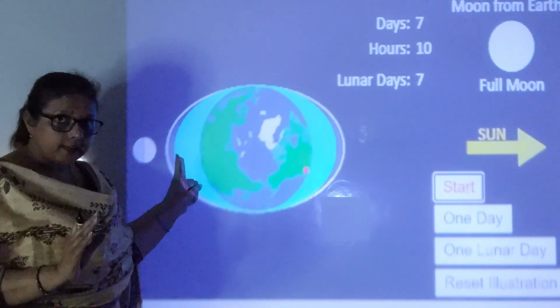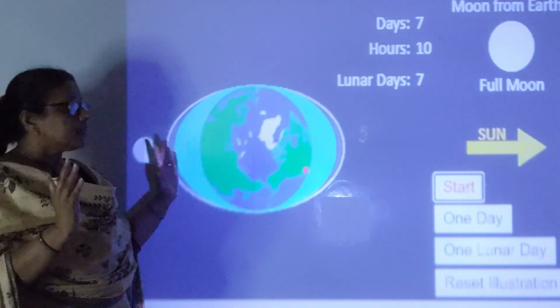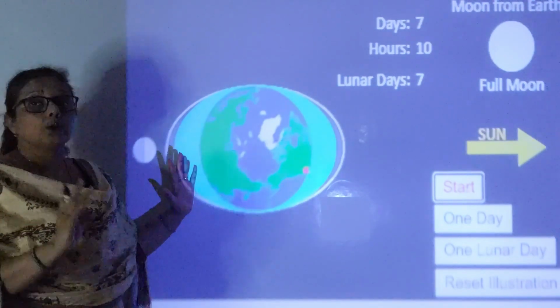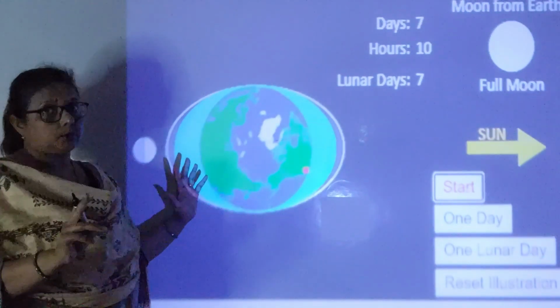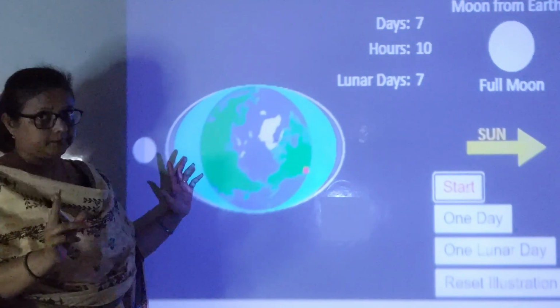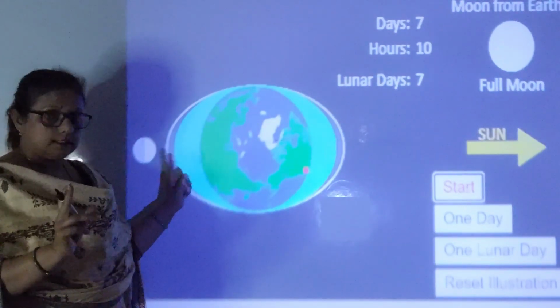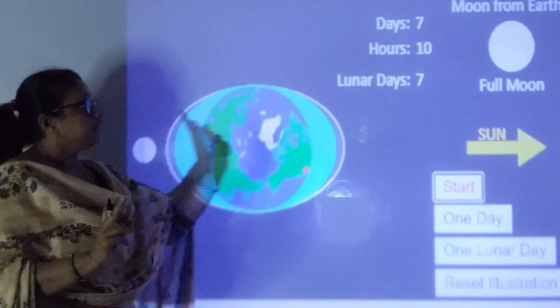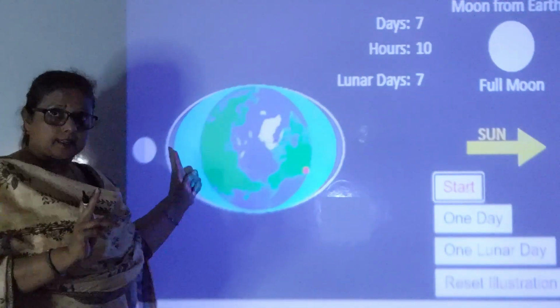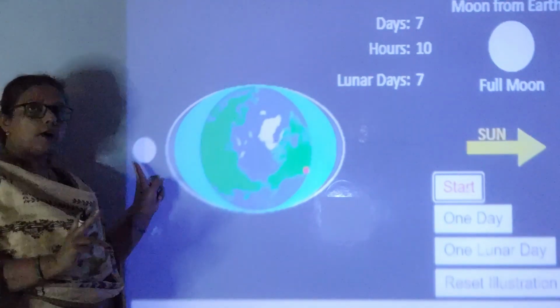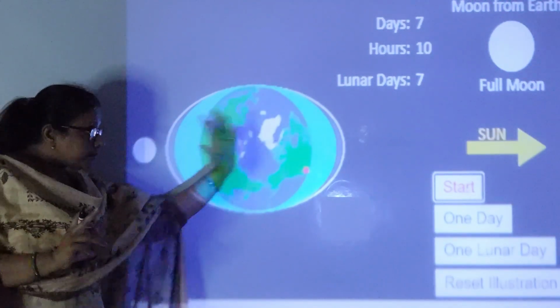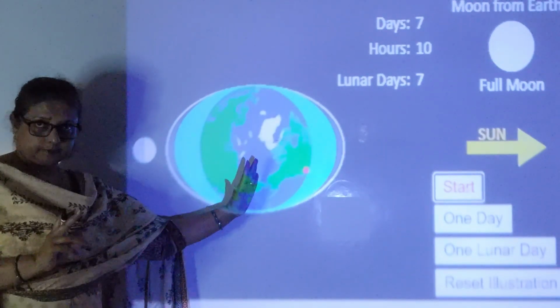Now, what are spring tides? They are tides which are higher than usual. So, spring tides also occur twice a month. When it is full moon, the sun's light is falling on the disk of the moon which is visible on the earth.